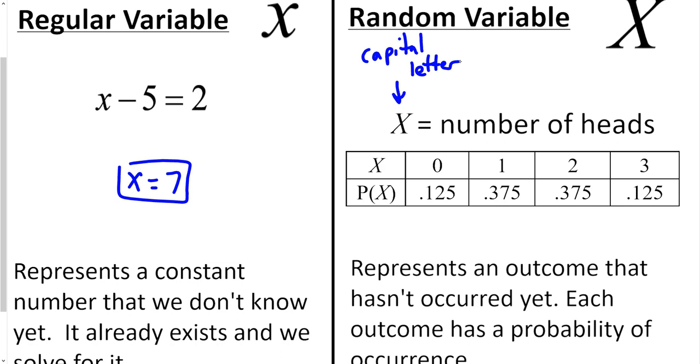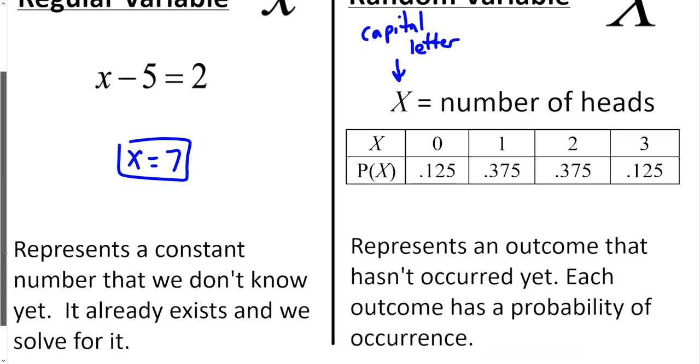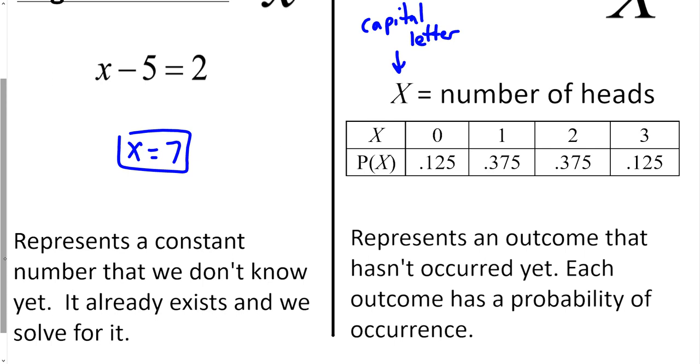Each outcome has a probability of occurring. It's not a set number that we're trying to find. It's just a thing that could happen. So our random variable is going to be like 0, 1, 2, 3 times of getting heads, and then the probability that goes along with it. So there is a difference between a regular variable and a random variable. In this unit, we're focusing on these random variables.